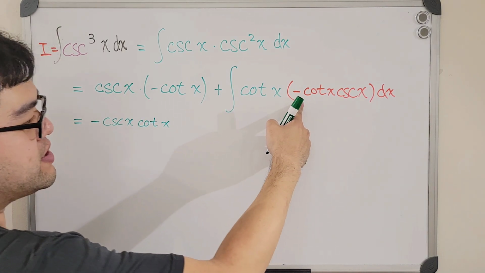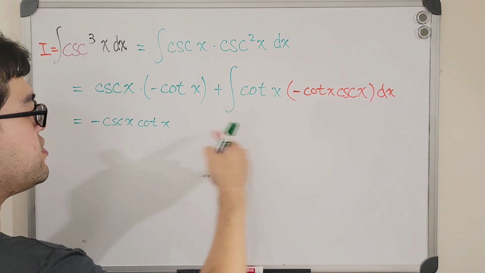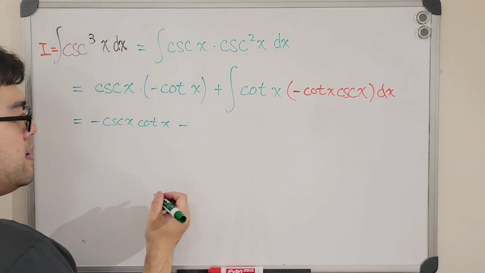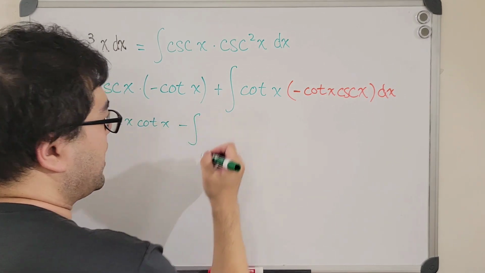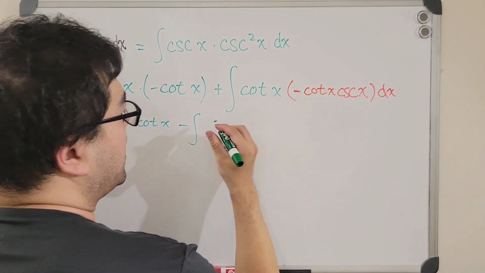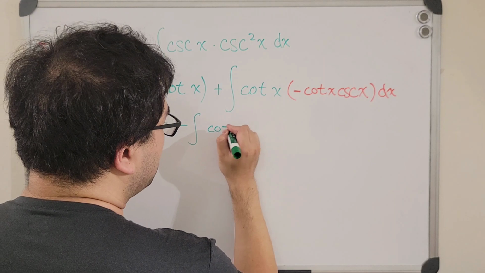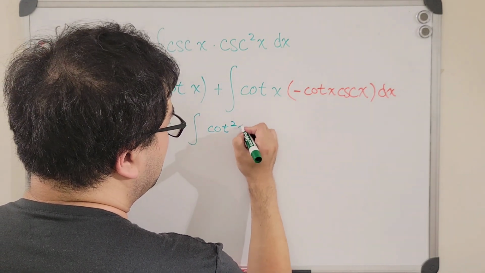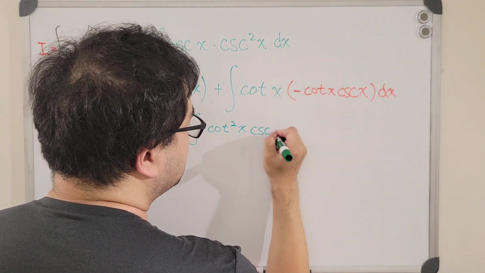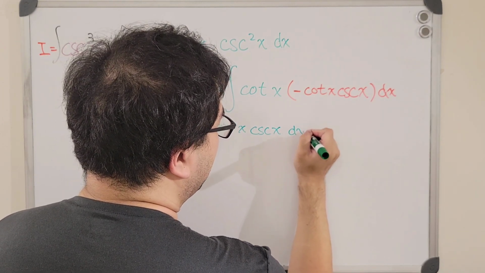And then now we see that there is another minus sign here, so we are going to pull it out. So we have minus the integral of cotangent square of x times cosecant of x dx.